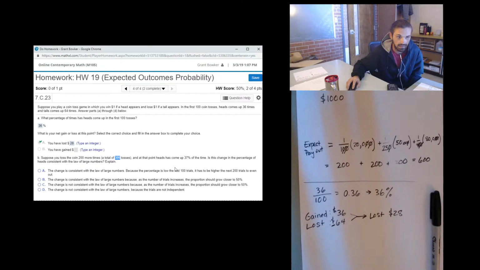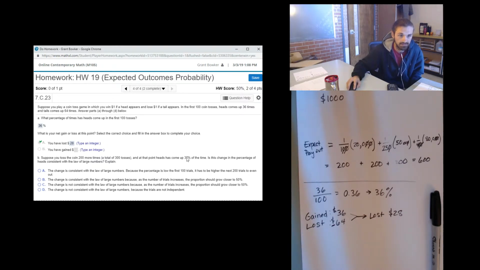So kind of set that thought aside for the moment and consider that, well, the percent of heads increased from 36 to 37. So the percent of heads is approaching 50%. It's not doing it very quickly. It's gone from 36 to 37, so it's only gone up 1%.